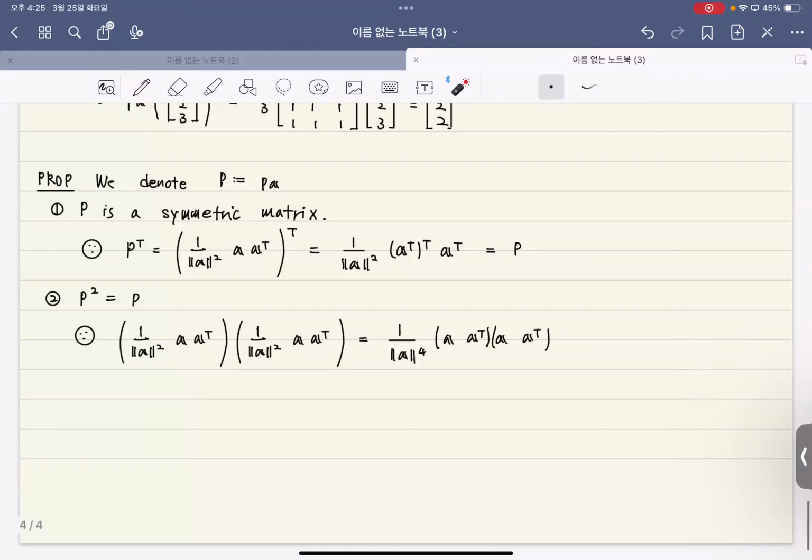But since matrix multiplication is associative, A transpose A is A squared, so this is again A squared A transpose. So P squared is P. The second condition is very obvious, at least to me, because if you apply the same projection twice, that is effectively the same as taking just one single projection.